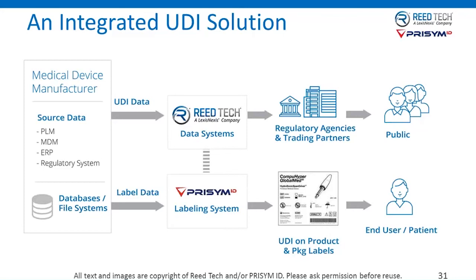So the idea here is that you can use an interface between these two systems to actually ensure that the data that is submitted to the UDI database is synchronized with the information that's held in the labeling system itself. So you know that when that data goes onto the label and ultimately goes right to the right-hand side of the diagram out to the end user or the patient, then that data synchronization can be assured.